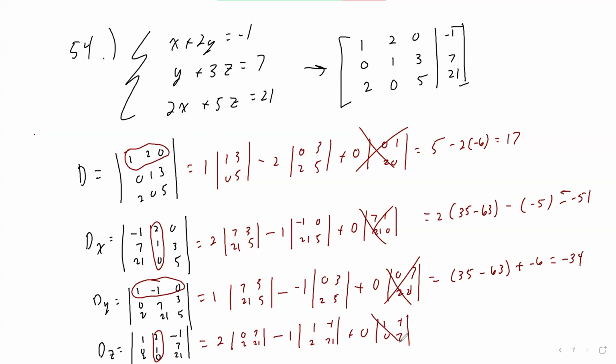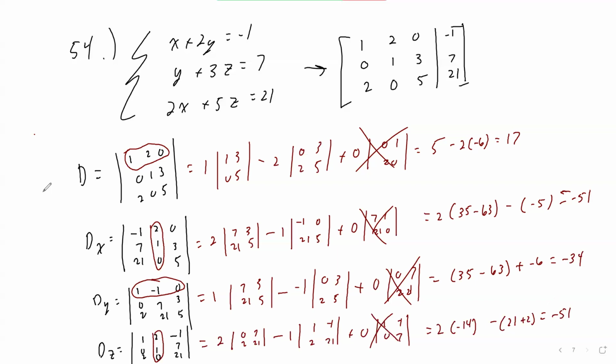So that will go away here. So then I get 2 times -14, because 0 times 21 is 0, minus 14, minus 21 minus -2, so that's +2. Okay, so that's going to be 14 negative times 2 minus 23, which is -51.